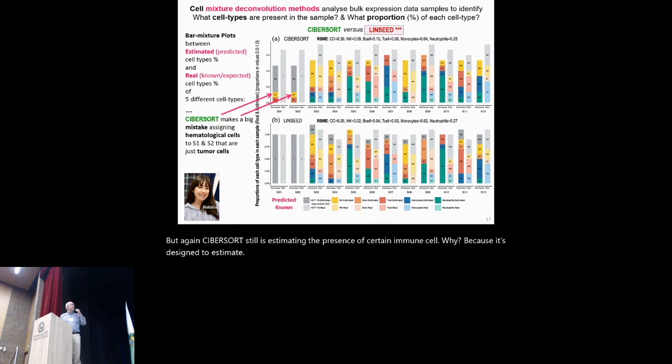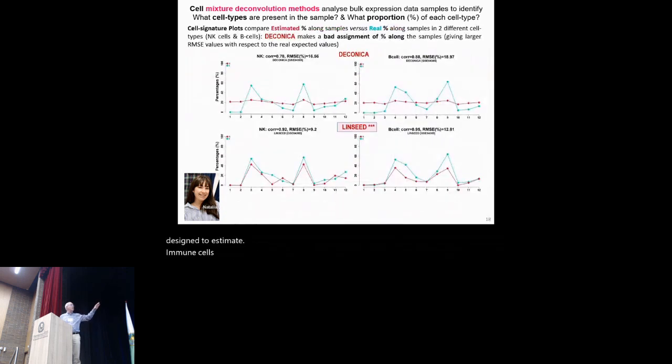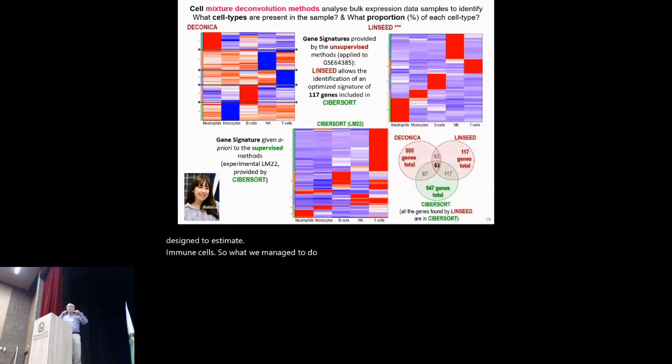immune cells. So what we managed to do after all this work is to create an optimized, small signature through this method, Linset, that is non-supervised. It doesn't need a preliminary signature. Linset produces, in the process of running the algorithm, the signature for the cells that it is identifying.